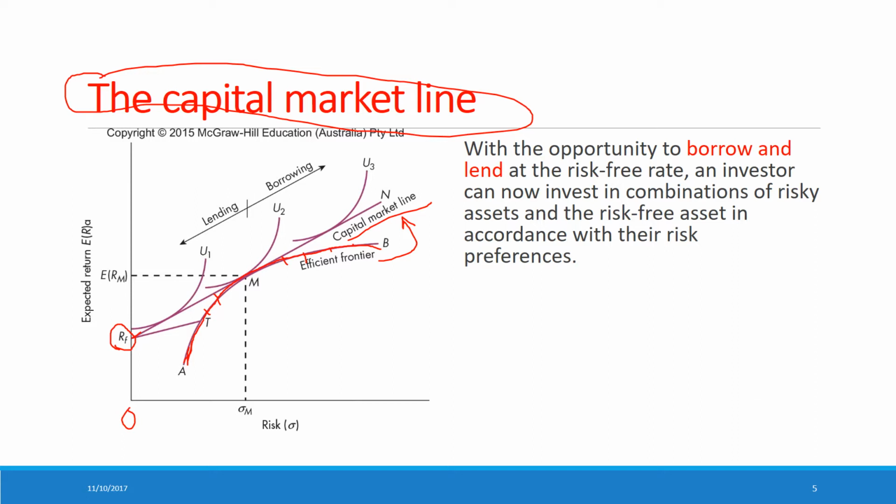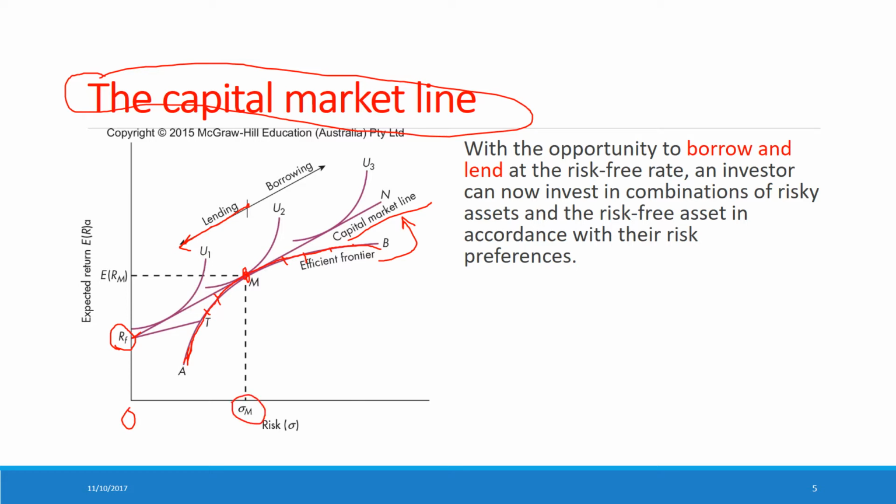So in the presence of this opportunity, an investor can now invest in combinations of risky assets and the risk-free asset in accordance with their risk preferences. So what it means is that if we have low risk tolerance, this is the market portfolio, right? We'll talk about this point later on.